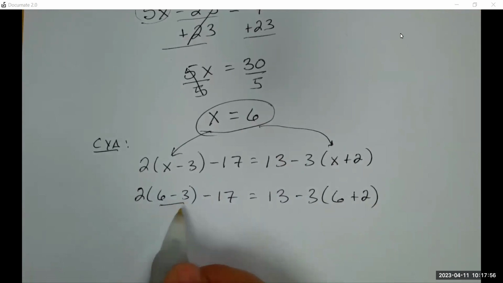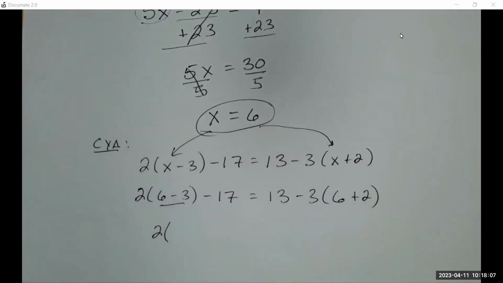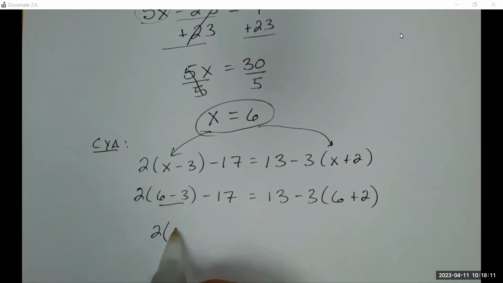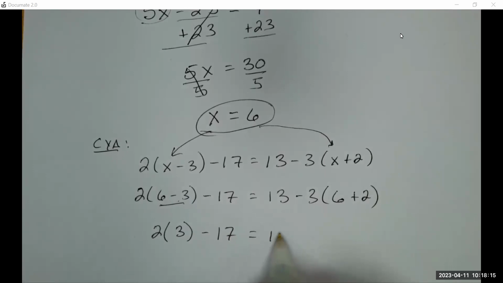Do inside the parentheses first. You notice it's a different process. When we're solving equations, we follow the order of operations when we're checking them out. But when we solve for the x's, we go the opposite direction. 6 minus 3 is 3. 6 plus 2 is 8.